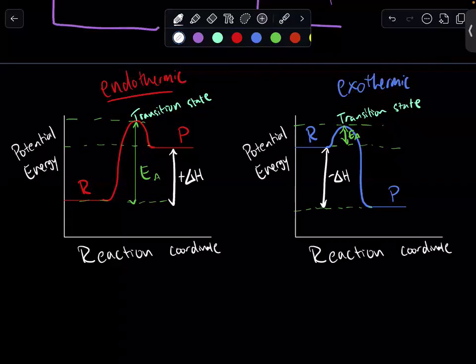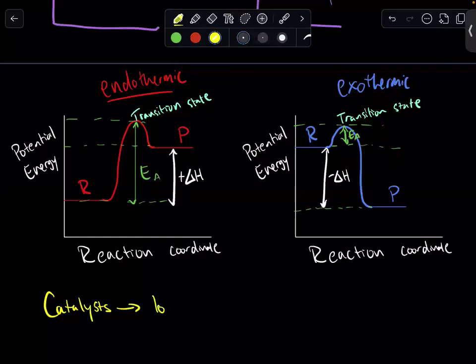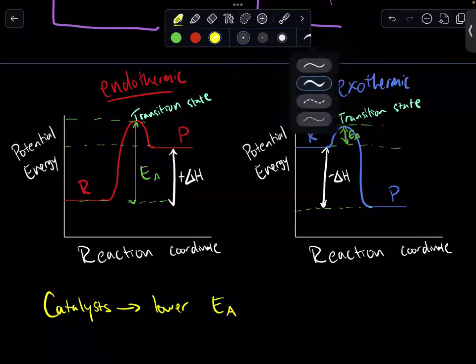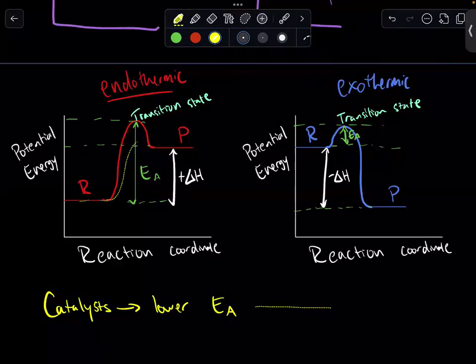We're always going to be accounting for the activation energy. Now, we learned about something that changes activation energy. We learned about catalysts. Catalysts lower activation energy. So we're going to represent the catalyst with a dotted line. When we have a catalyst, we get this lower activation energy. And this is why they speed up reactions.